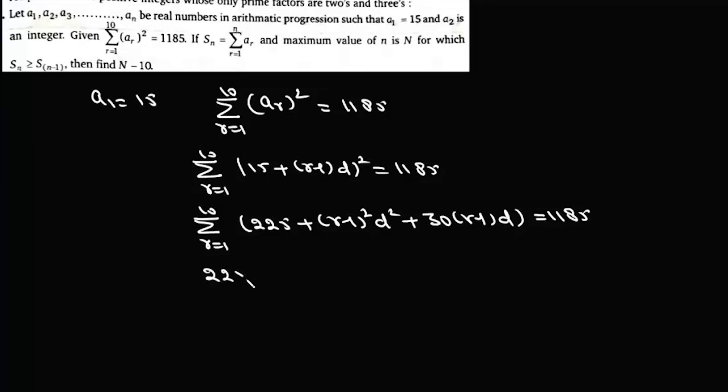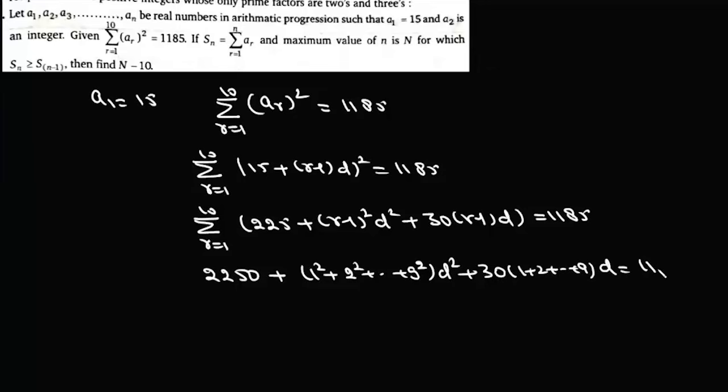This first term will be 2250. Now this is 0 square plus 1 square up to 9 square, so this is (1 square + 2 square up to 9 square) d square, and this is 30, and this is 0 plus 1, so it is (1 + 2 up to 9) into d, and this is 1185.